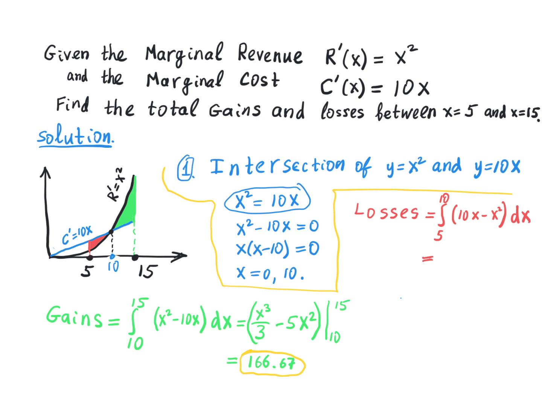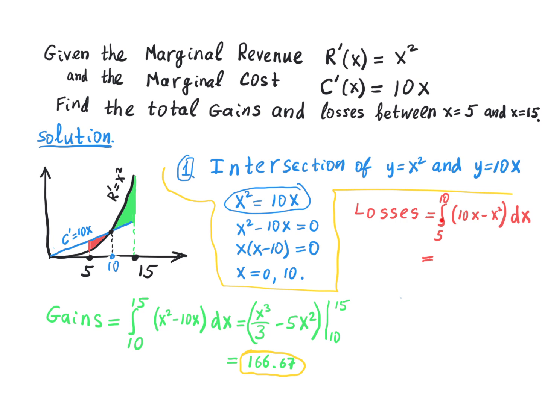Now, when we compute the losses, we need to set up the integral for the red area, which starts from x equals 5 and ends at x equals 10. And it is sandwiched between the marginal cost and the marginal revenue. This time, the marginal cost is higher than the marginal revenue. So the upper curve for the red region is the marginal cost, y equals 10x. The lower curve will be the marginal revenue, y equals x squared.